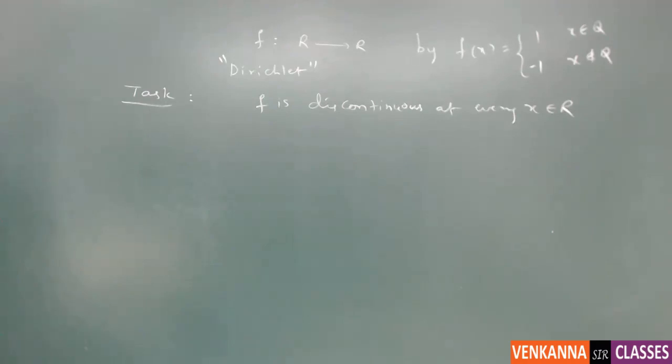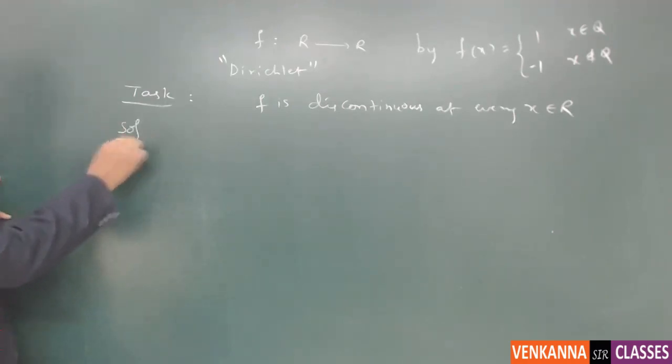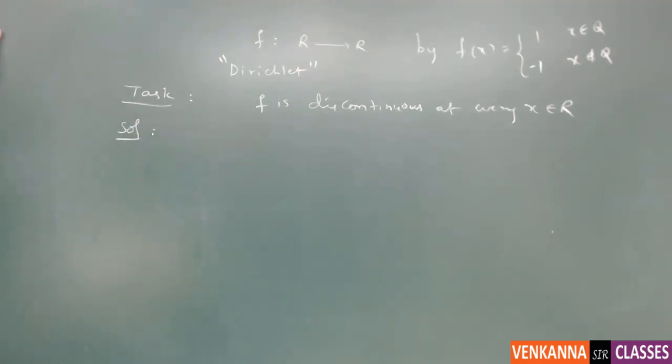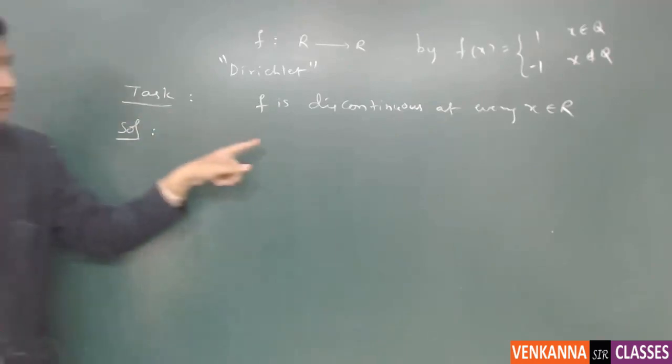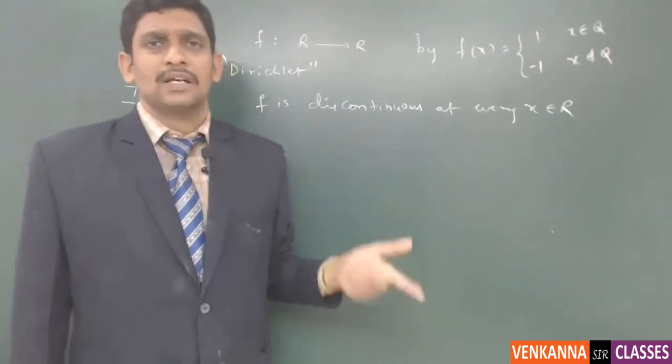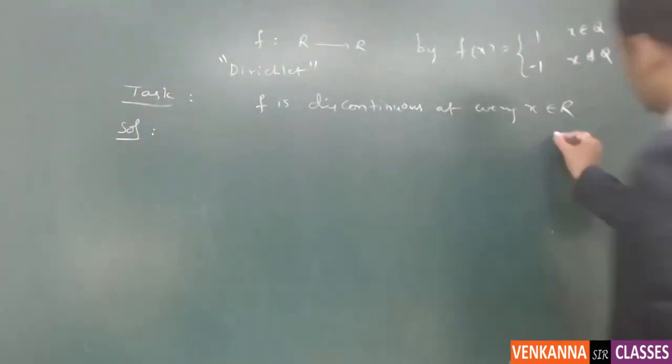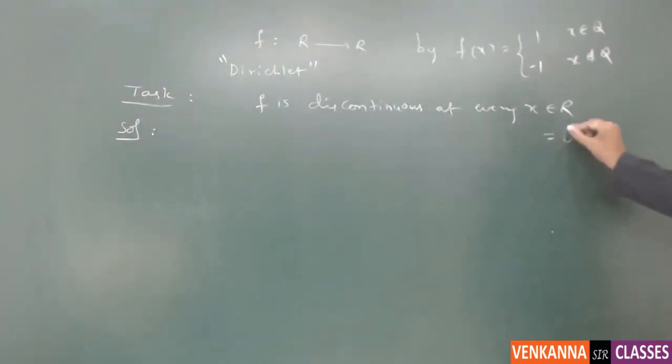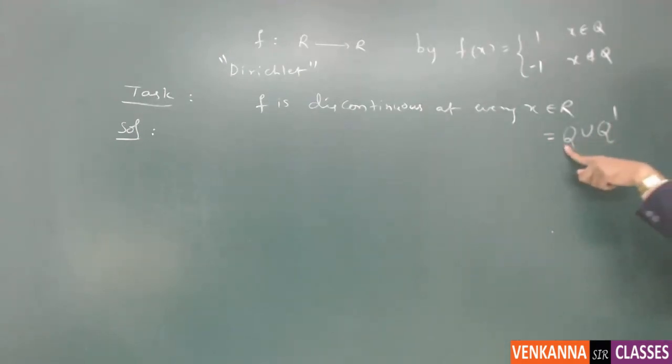So coming to the solution part, you consider the given function as it is defined. Since you are going to prove that f is discontinuous at every real number, you can bifurcate the real numbers as Q union Q dash, the union of rationals as well as irrationals.